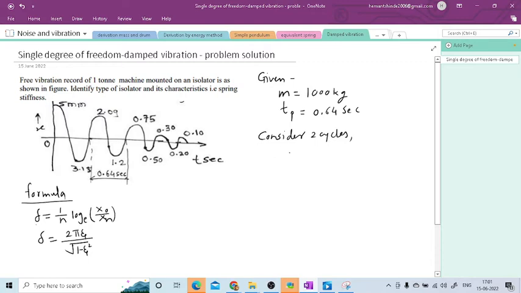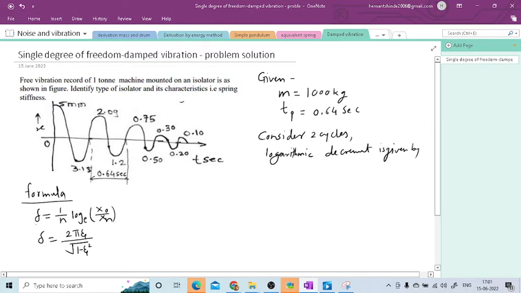So consider 2 cycles. The logarithmic decrement is given by, what is the formula for logarithmic decrement? This formula is delta equals 1 divided by n, log to the base e, x naught divided by xn. Now we have considered 2 cycles, so we'll have to put the number of cycles equal to 2.